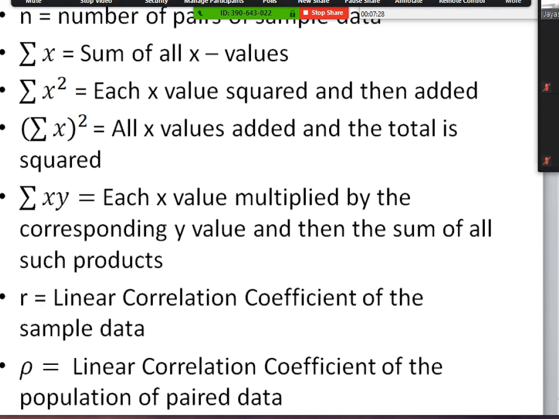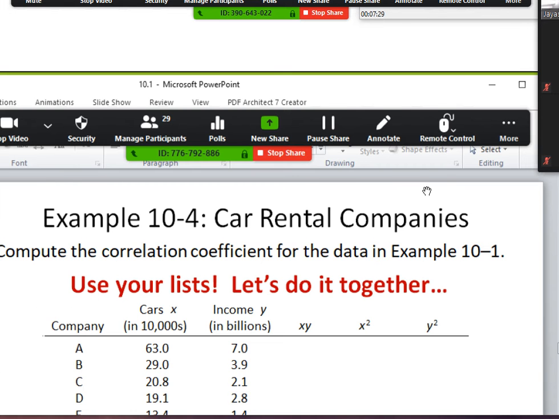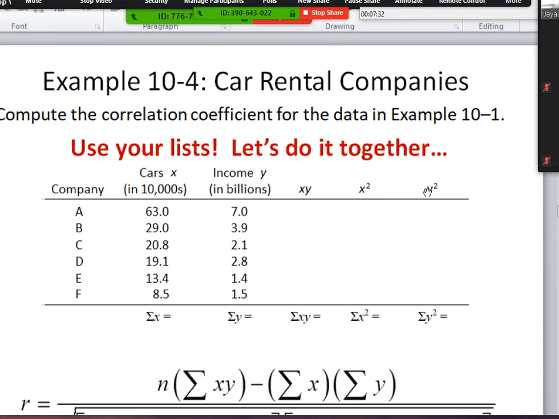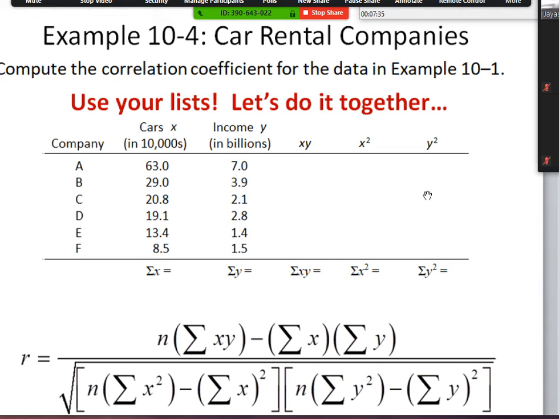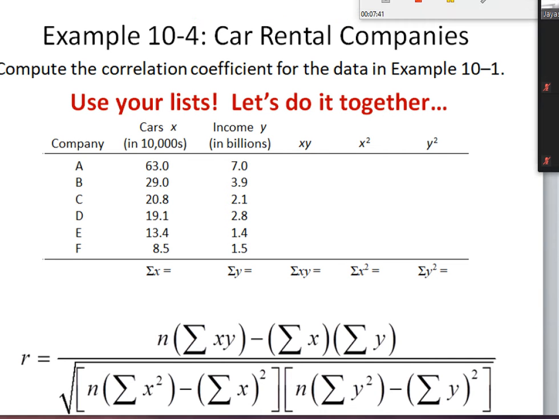Let's go and take a look at a problem. We'll do it together. So everyone bust out your TI-84 calculators. You're going to use them for this. We need to do this formula, but we're going to use our calculators to make our lives really, really easy. So go ahead and get your calculator out.